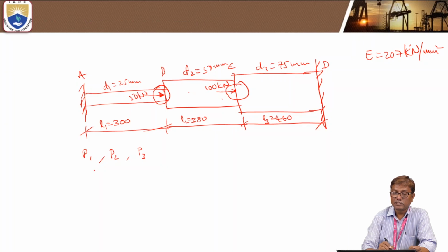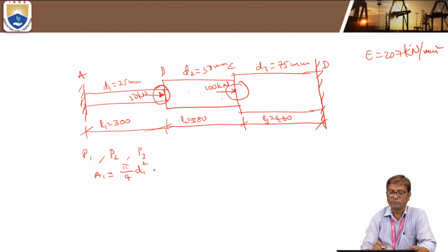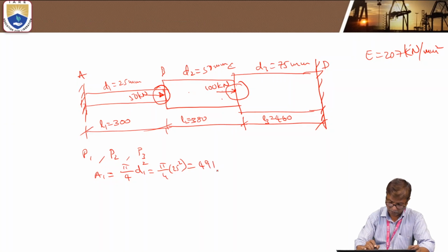So we can calculate the areas. Being circular, the area is given as pi by 4 d1 square, which comes out to be pi by 4 into 25 square, that is 491 mm square.